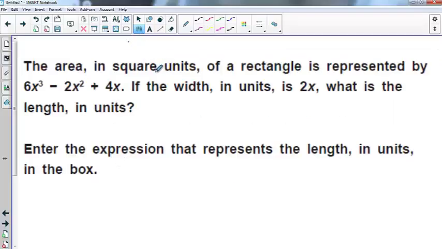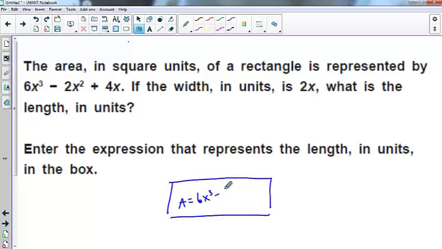All right, so on this, they're telling me that I have a rectangle. They're telling me that the area is equal to 6x to the third minus 2x squared plus 4x, and that the width is 2x. They want to know what the length is.